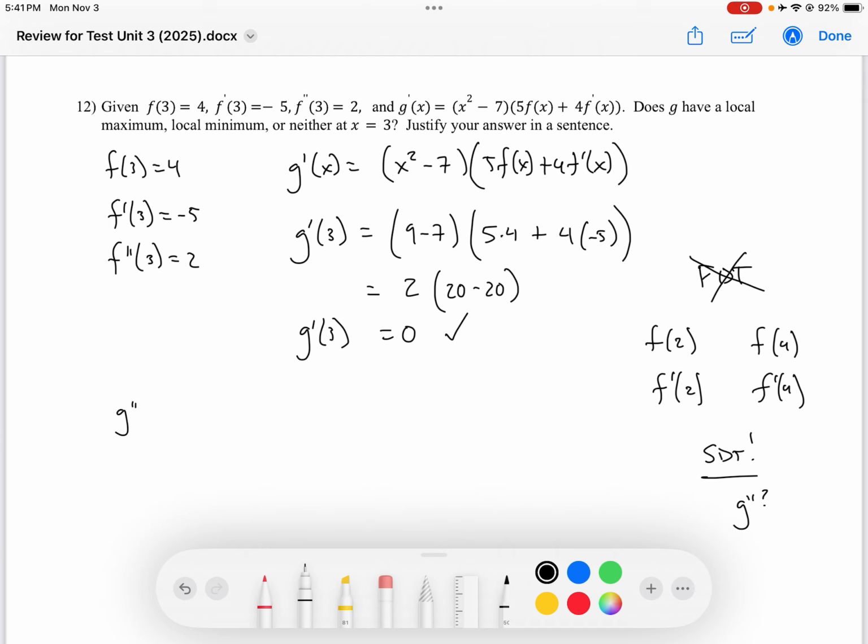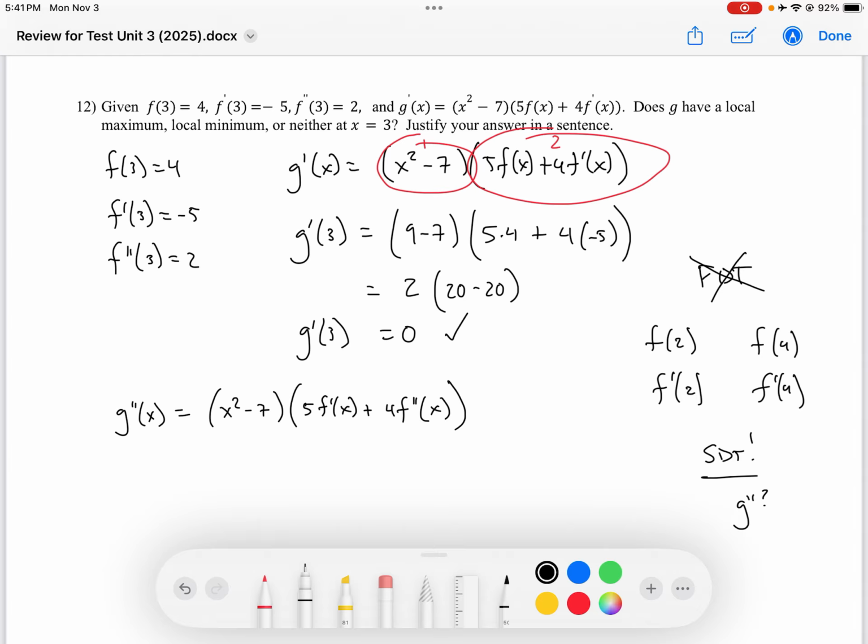So let's find G double prime of x. I'm going to have to use the product rule, because I have one function times another function. It would be first times the derivative of the second. The derivative of the second is 5f prime plus 4f double prime.